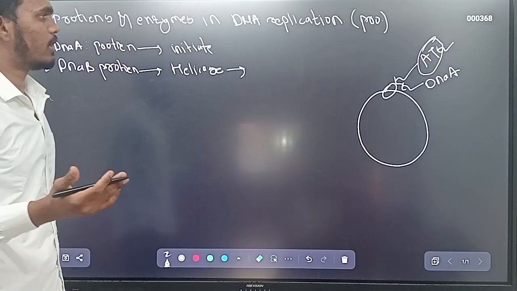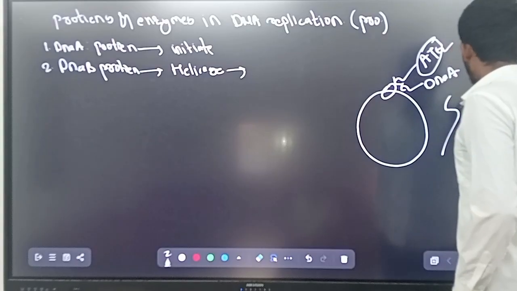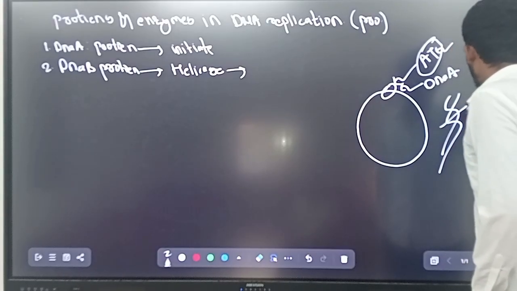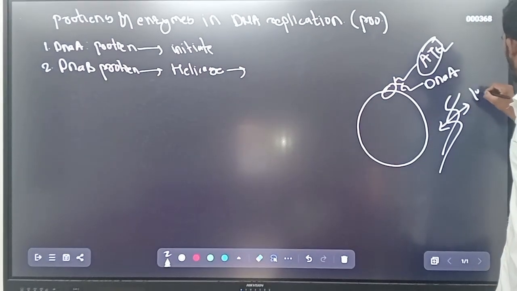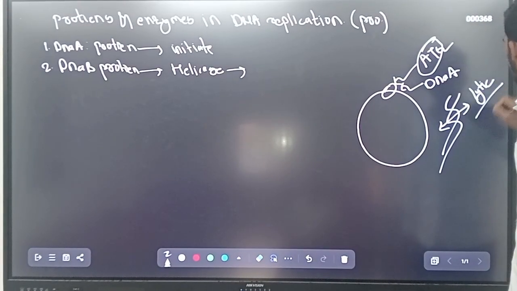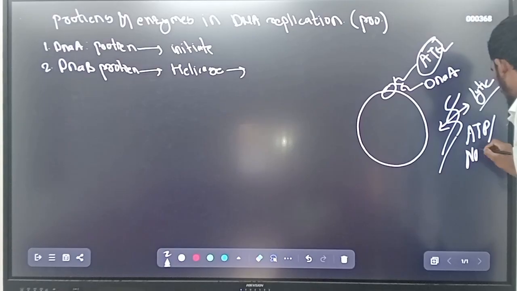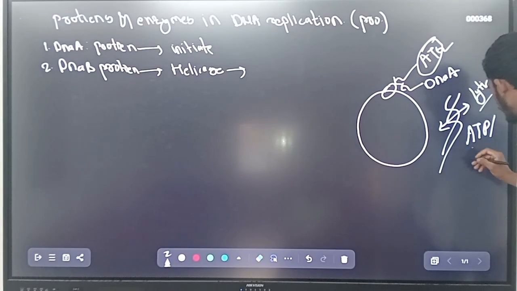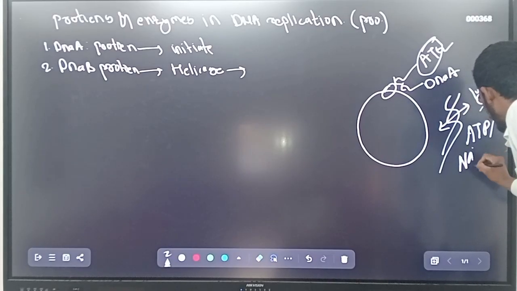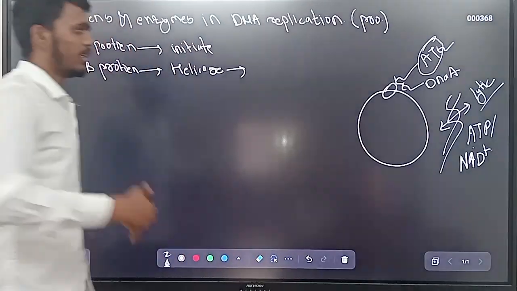This region will be rich in AT polynucleotide chain, with a significant amount of AT, as well as some unique polynucleotide sequences which are important for starting the replication, but that point will be taught later on. So DnaA will go and bind.